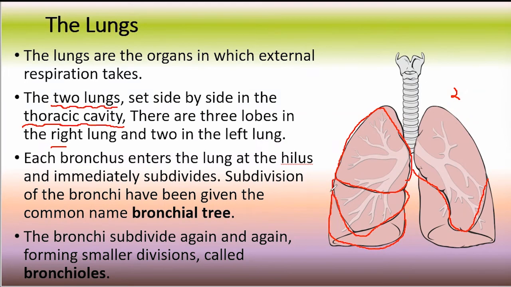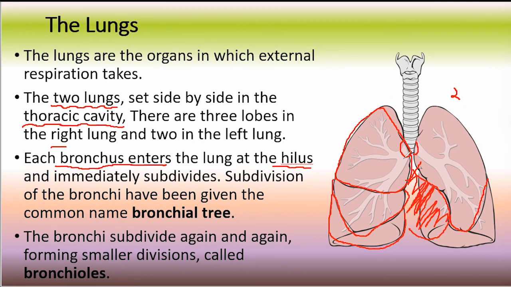Generally speaking, the right lung is a little bit bigger compared with the left lung, because on the left side the heart is mainly located. It occupies some space there. So inside the lung, the bronchi go into the lung at the hilum area, meaning the opening of the lung area, on both sides.